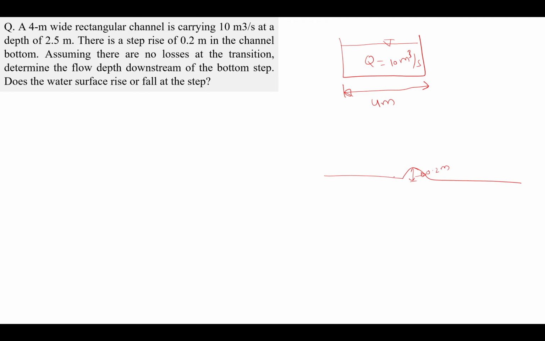Assuming there is no loss at the transition. Transition means if your channel bed is smooth, there is no transition. If the channel bed is not smooth, here you have a hump or a step, so you have a transition in the channel. Actually, energy loss happens at that place, but for solving the question it is given that there is no loss at the transition. In some questions, even GATE questions, this assumption is not written, but you need to consider it already.